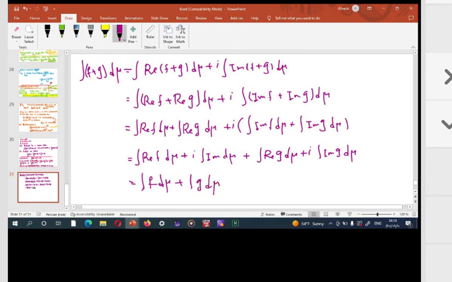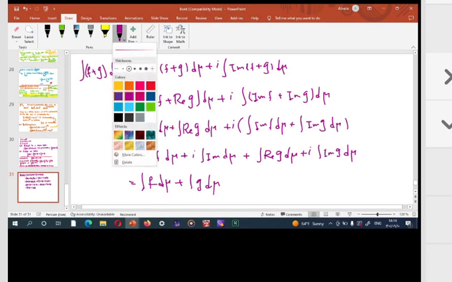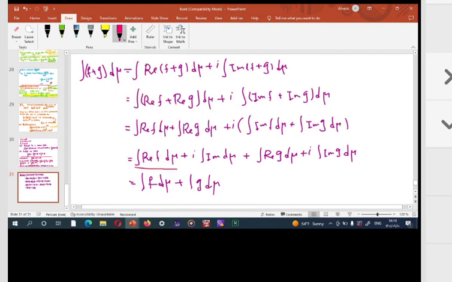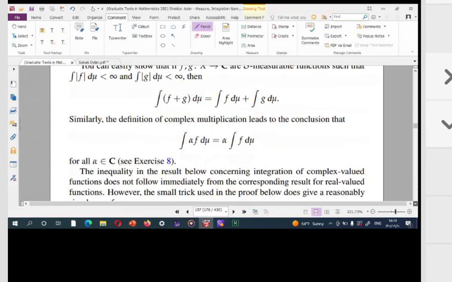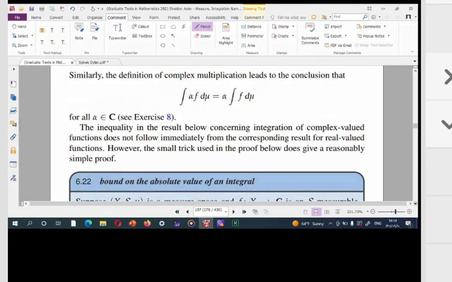Okay, this is the integral of f and this is the integral of g, and the proof of this is very easy, and you can write it yourself.